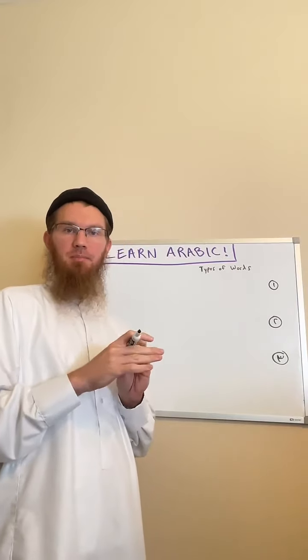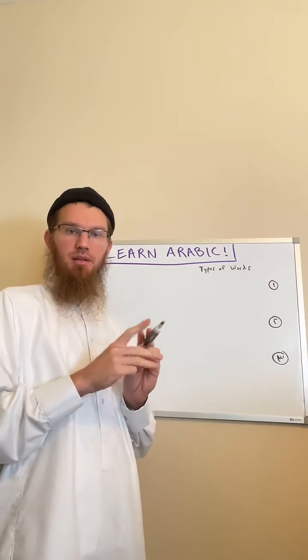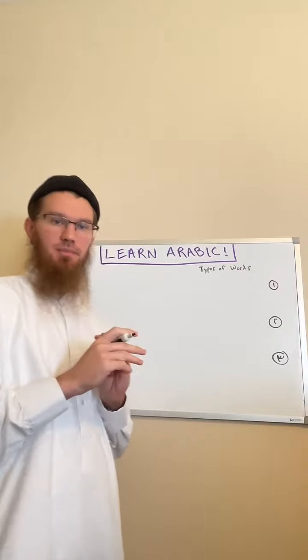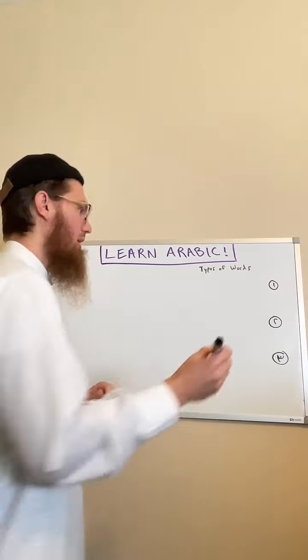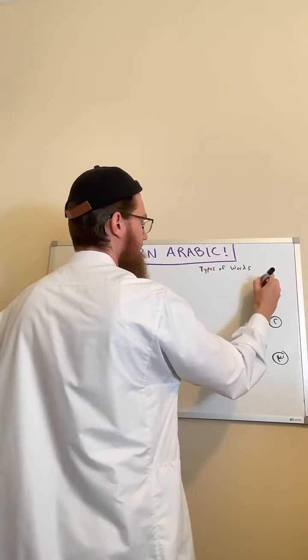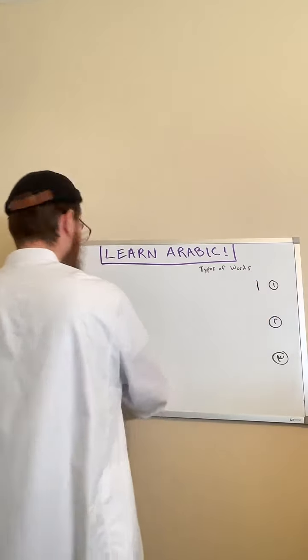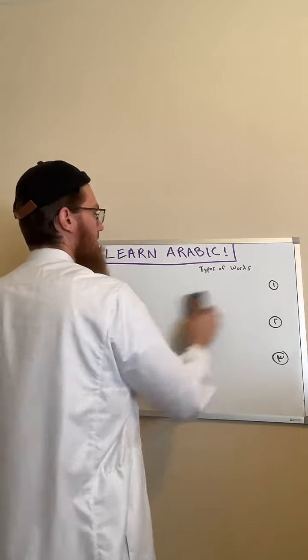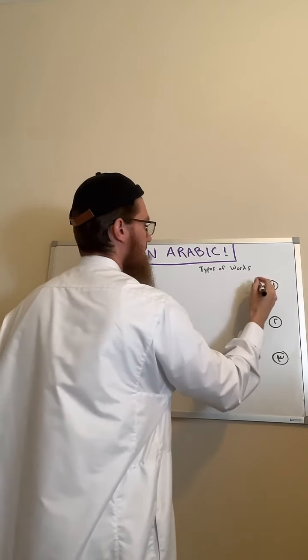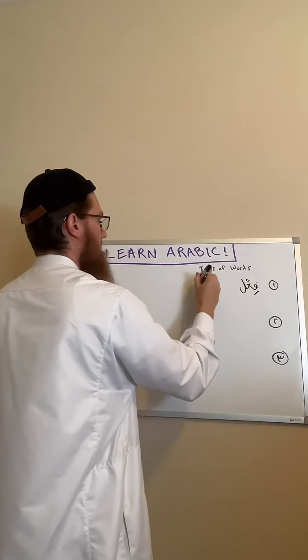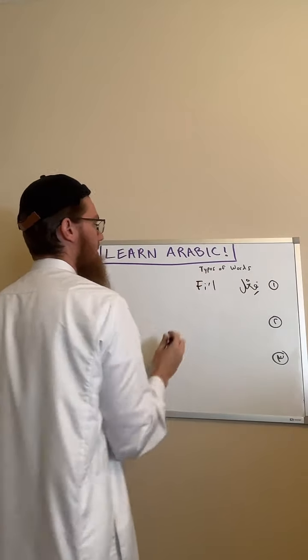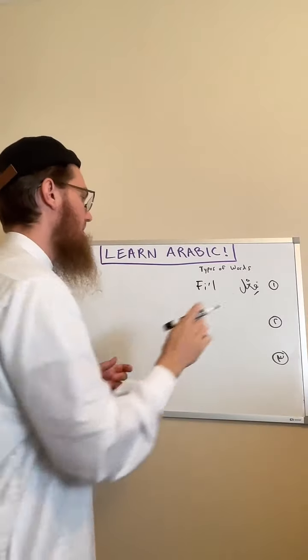In the Arabic language, there are three general categories of words. The first category, we'll start with the fi'l. The fi'l.